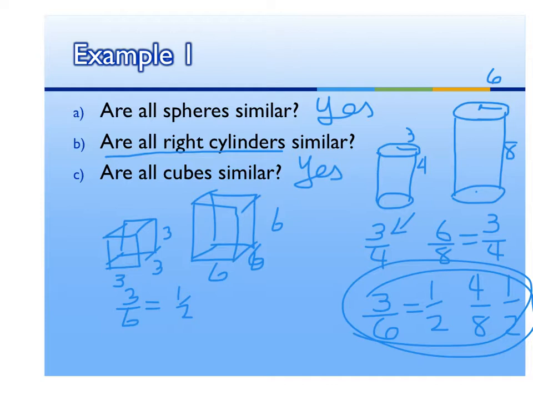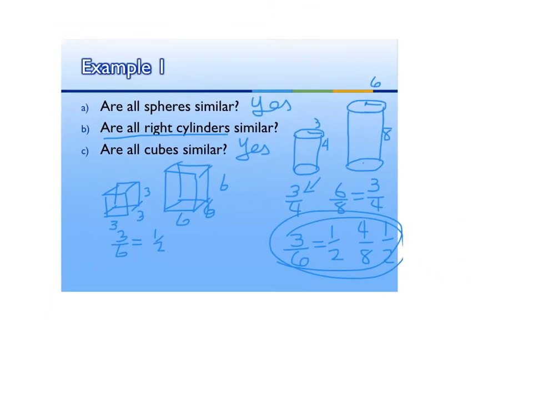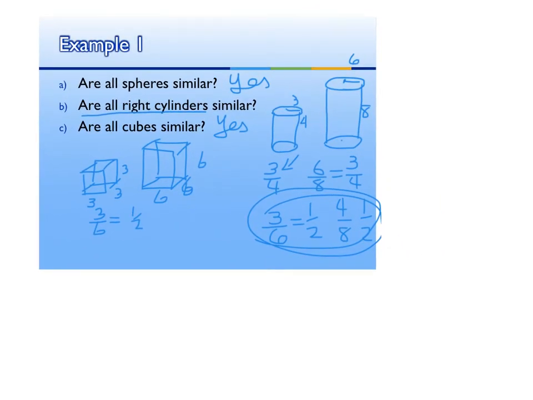Now I'm going to show you an example where the two right cylinders are not similar. So let's say I change one of these heights, and let me go ahead and shrink this over, and I'm going to draw 2 more cylinders. I'm going to keep the first one the same. I'm going to keep it with a radius of 3 and a height of 4.